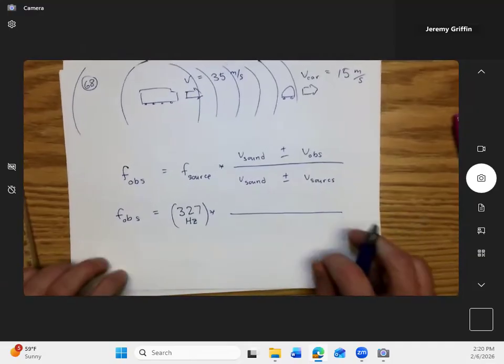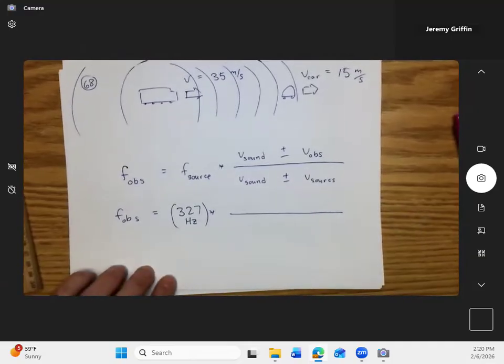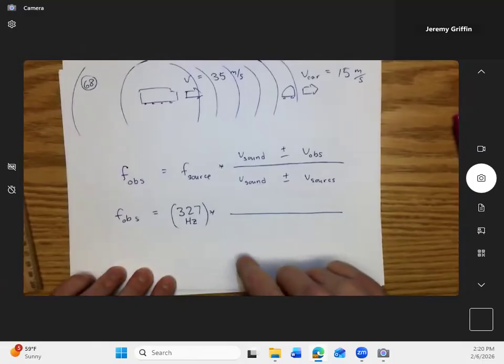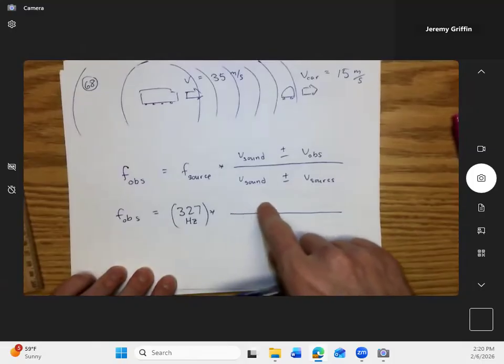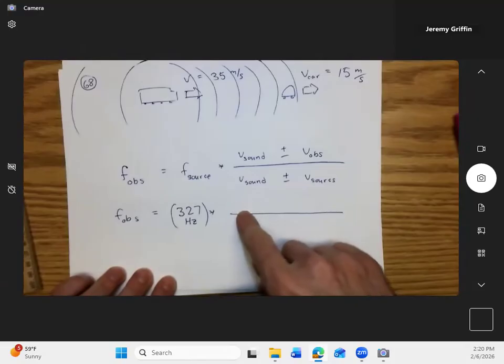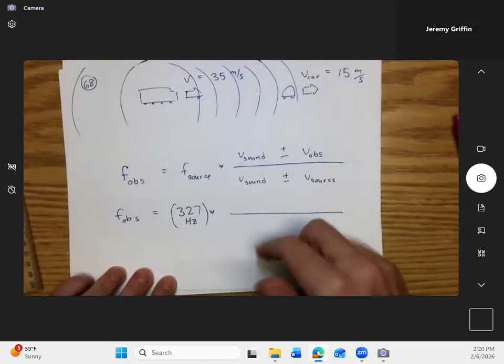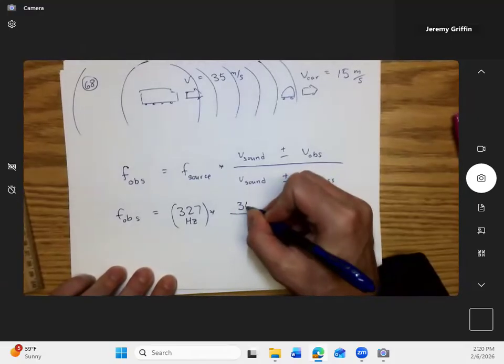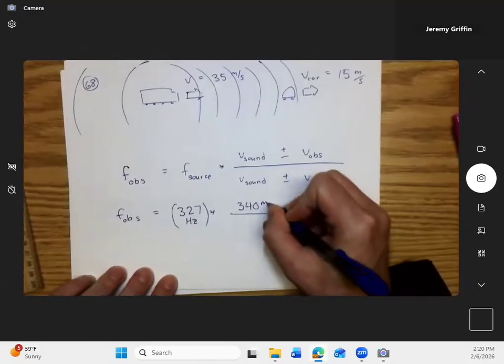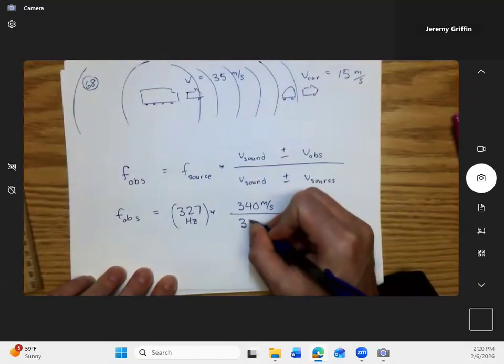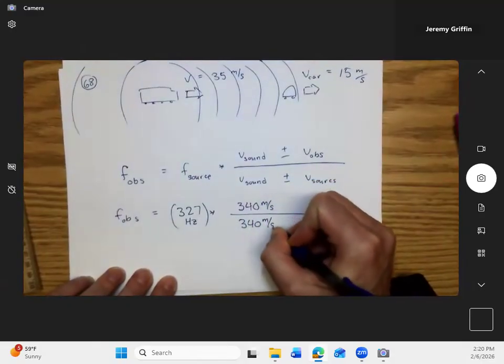Now here's where we have to make some reasonable assumptions, because your book did not tell you the speed of sound. So what do you want to plug in right here? About 340? Yeah, sounds good. That's a reasonable assumption.